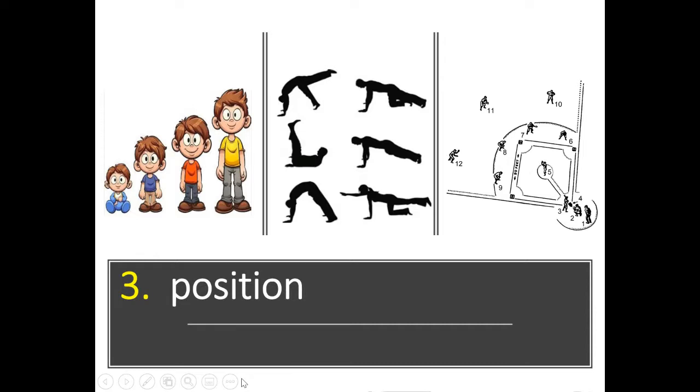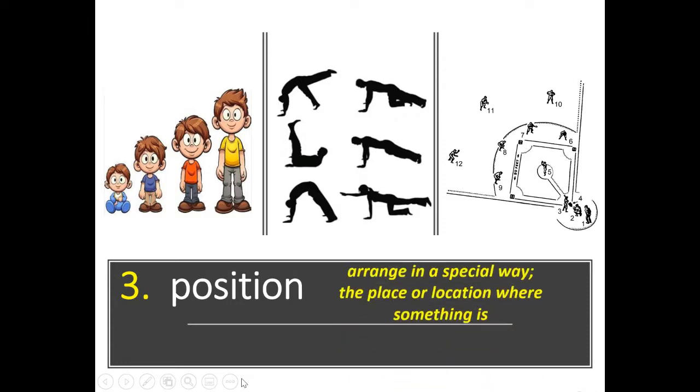Position. Position means arrange in a special way or the place or location where something is. So you could say the baby is the youngest in the family.